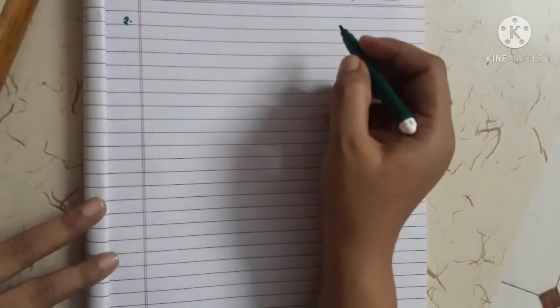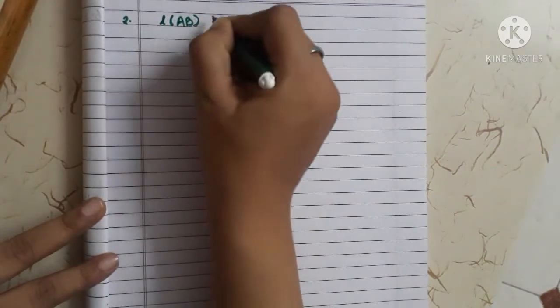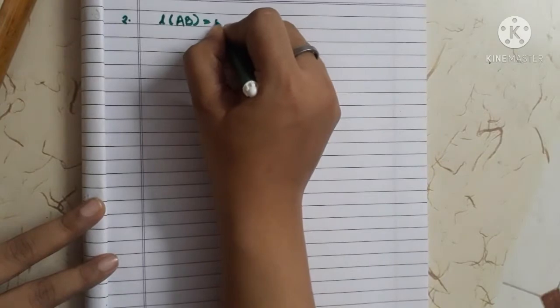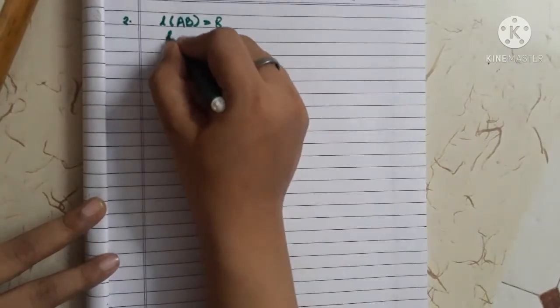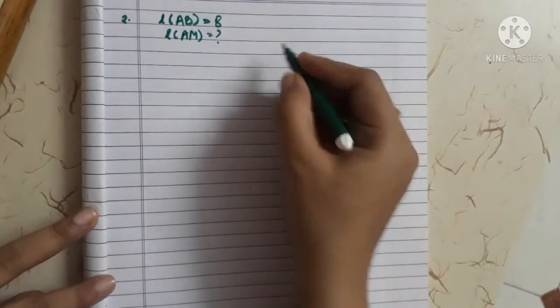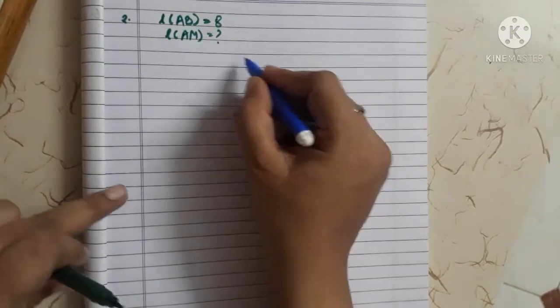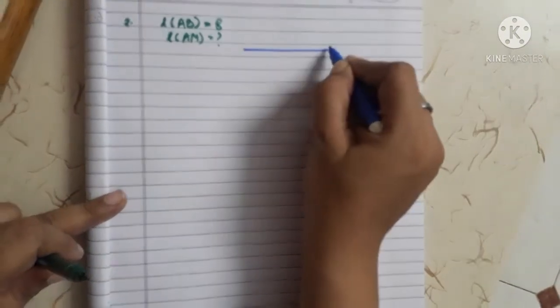M is the midpoint of AB. If length of AB is equal to 8, then find out length of AM. Okay, what is given? Let us understand with the diagram, a small diagram.